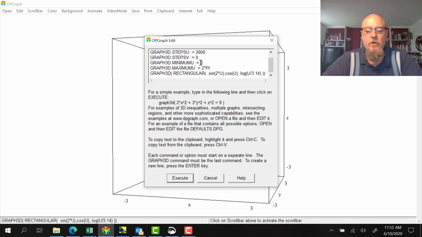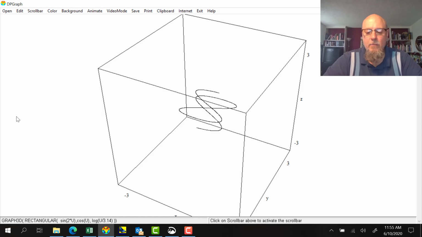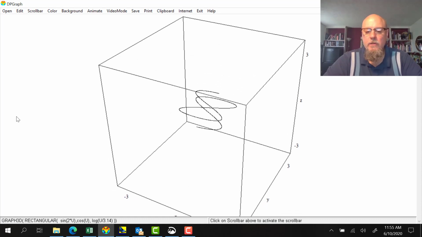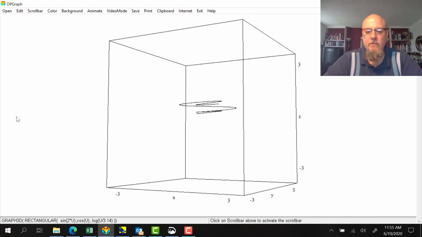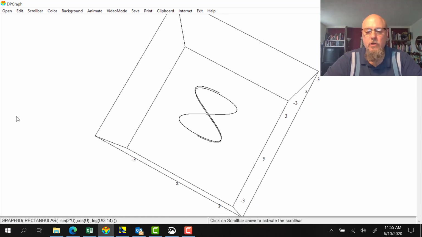But now let's start at pi and go to 4 pi. So I'm only looking at the part that we're trying to find the length of. So there's our space curve.